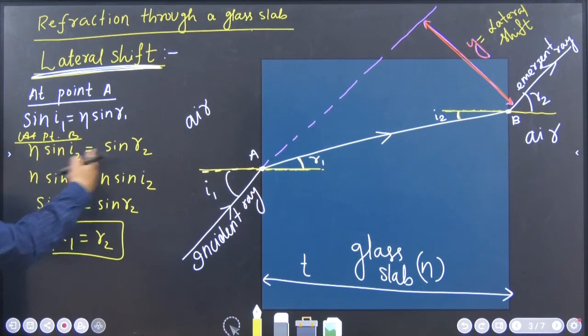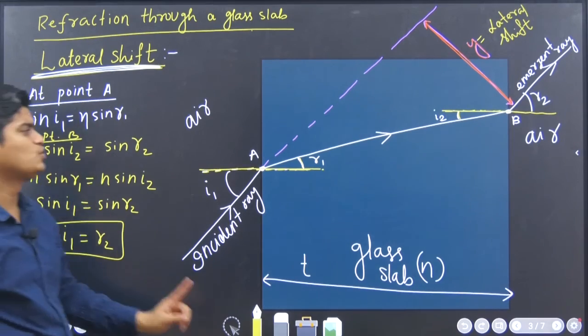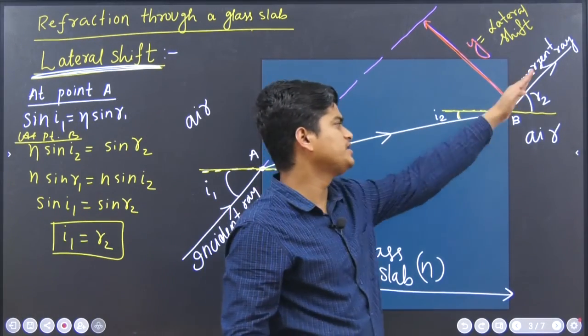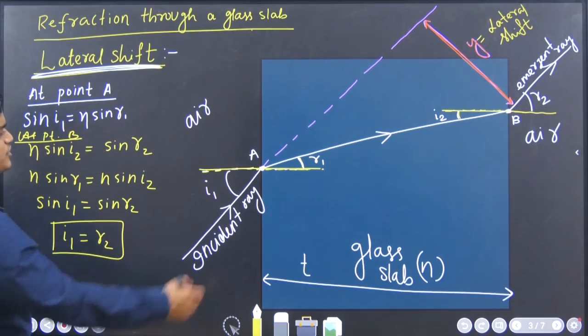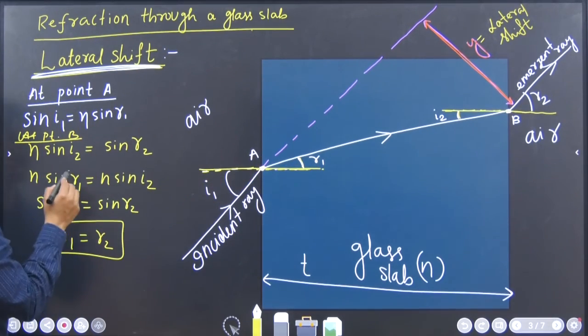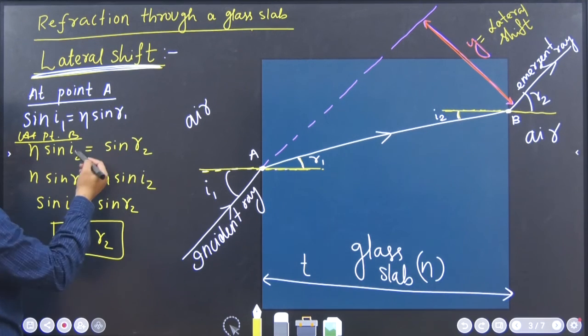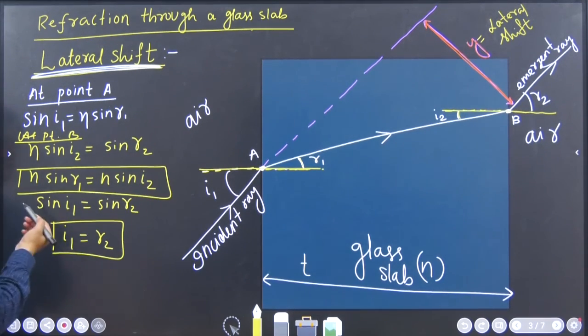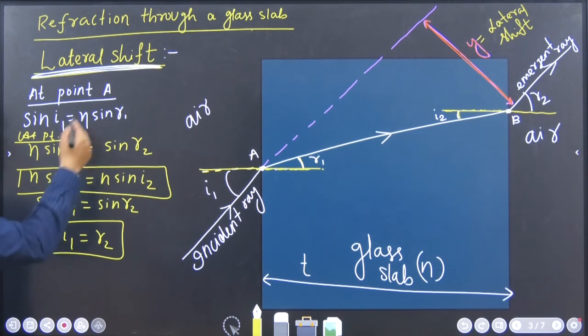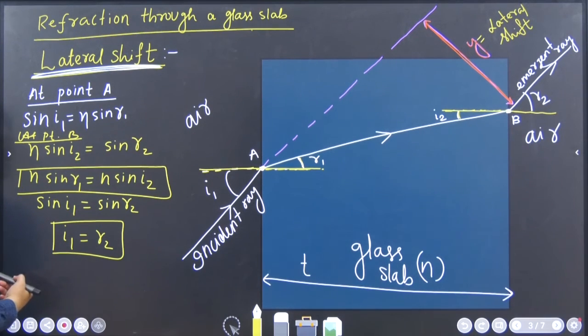At point B you are applying Snell's law, you are getting N sin I2. Okay, here light is going like this, then it is your sin R2, and also from this picture you understand that R1 and I2 both are equal. So definitely this expression also you can write, these two are equal. Okay, N is same, so sin I2 equal to sin R1.